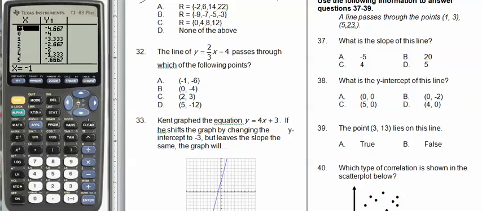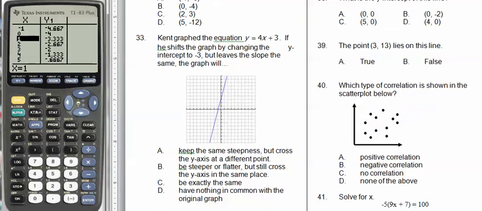So -1, -6 is not there. 0, -4 is. We went to 2, that's not right, and 5, that's not right. So it is 0, -4.